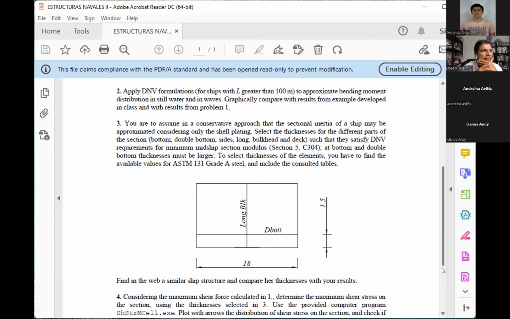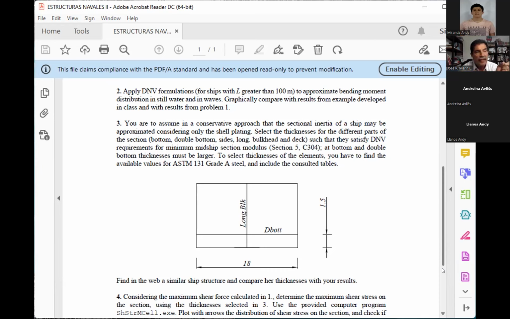Select the thicknesses for the different parts of the section: bottom, double bottom, sides, longitudinal bulkhead, and deck, such that they satisfy DNV requirements for minimum midship section modulus, section 5, C 304.